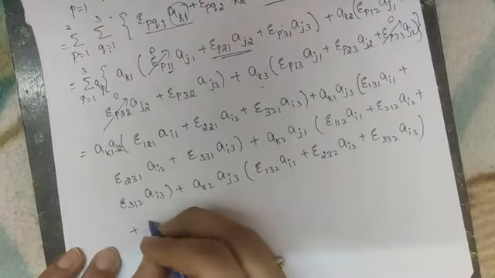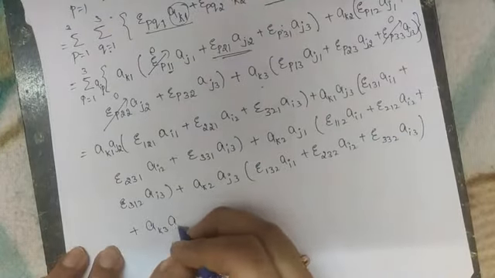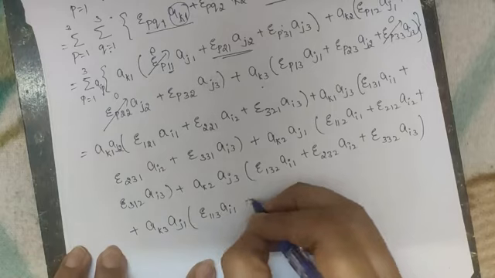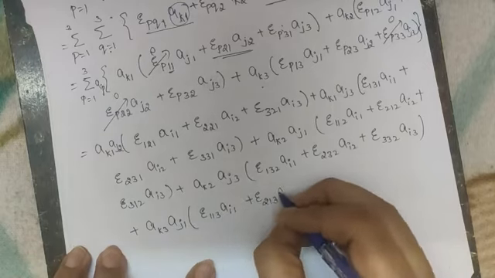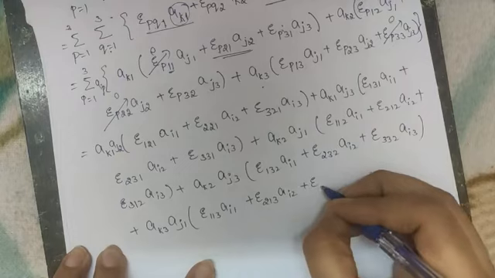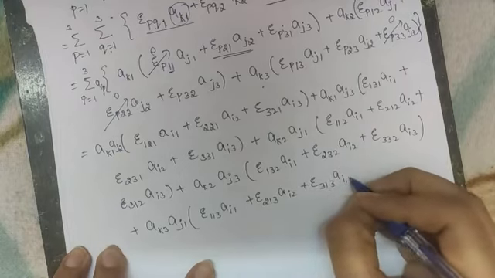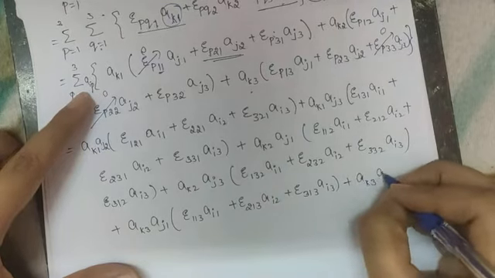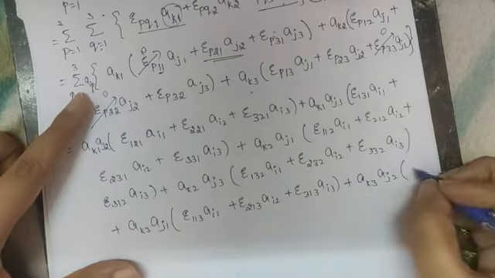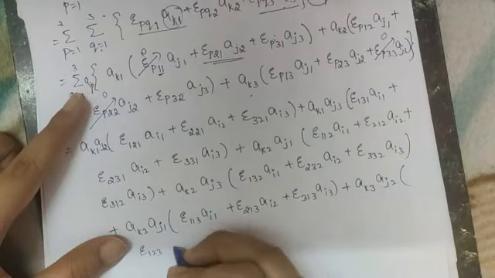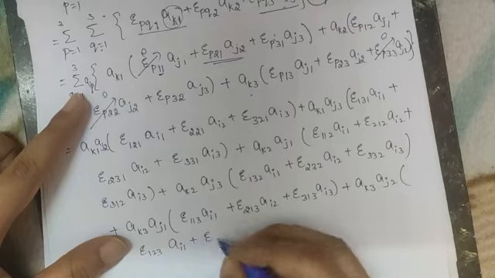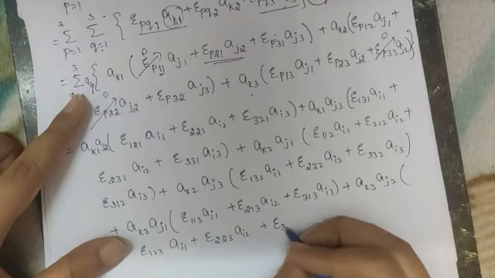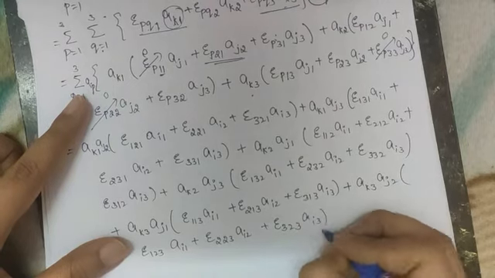From that we will get ak3 into aj1 into epsilon 113 ai1 plus epsilon 213 ai2 plus epsilon 313 ai3, plus ak3 into aj2 into epsilon 123 ai1 plus epsilon 223 ai2 plus epsilon 323 ai3.